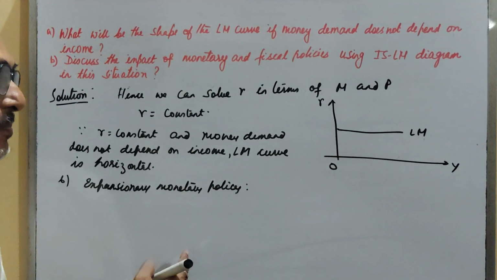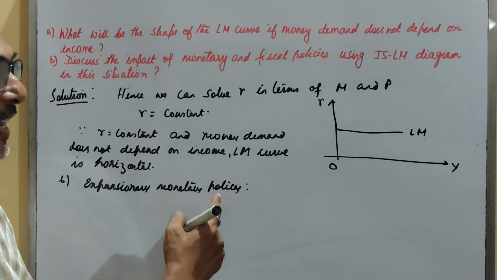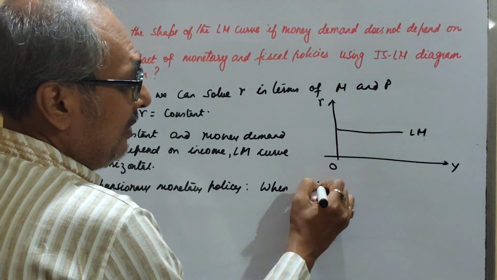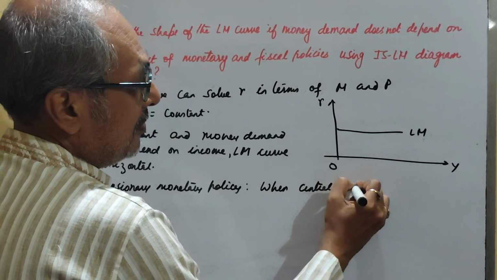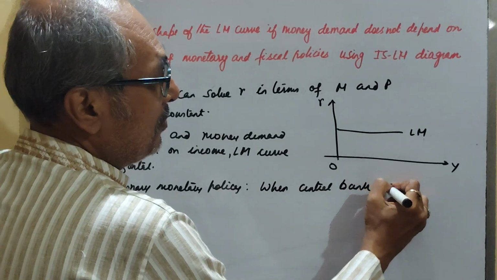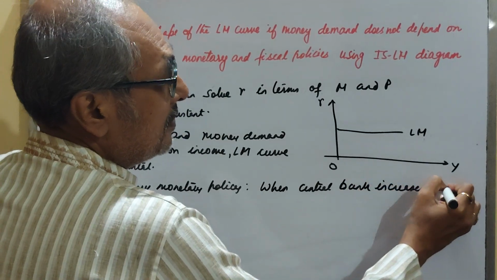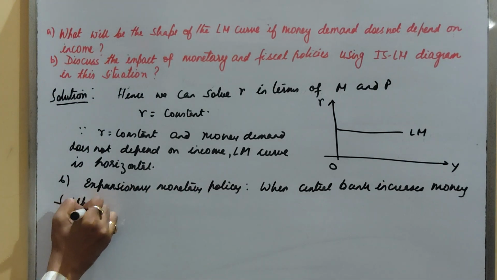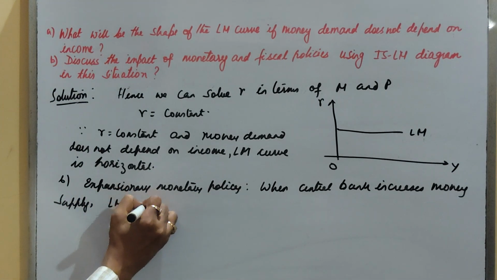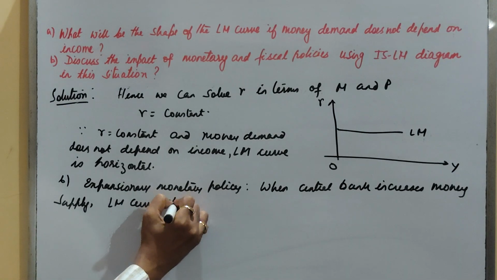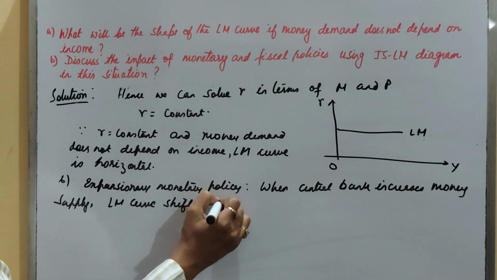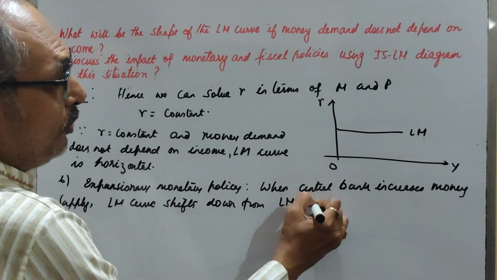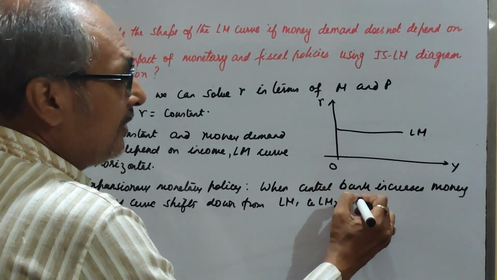That means when the central bank increases money supply, the LM curve shifts down from LM1 to LM2. I am drawing the curve here.